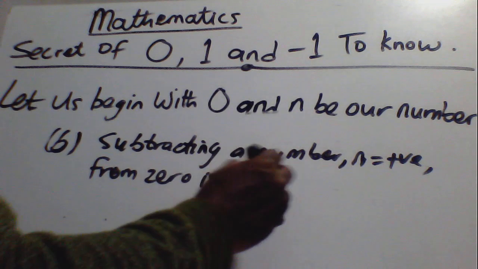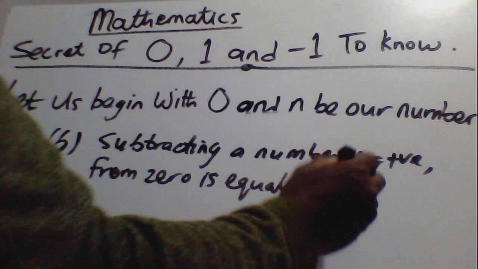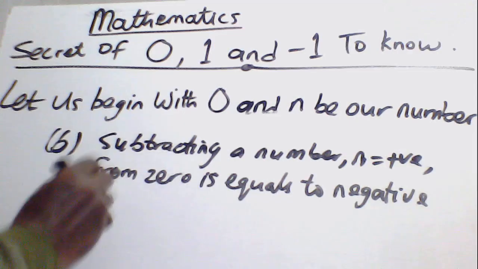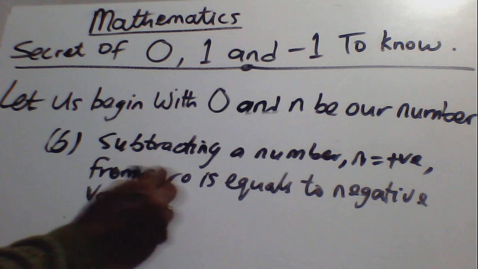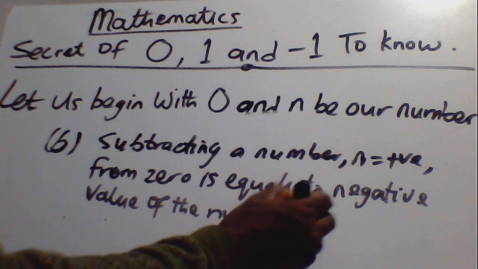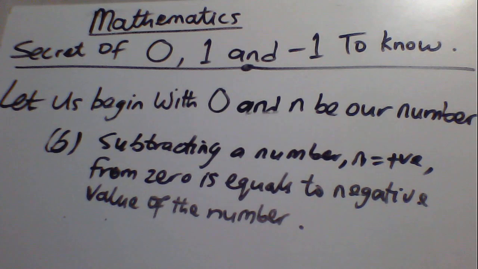Is equal to the negative value of the number. So subtracting a number, in this case a positive number, from 0 is equal to the negative value of the number.